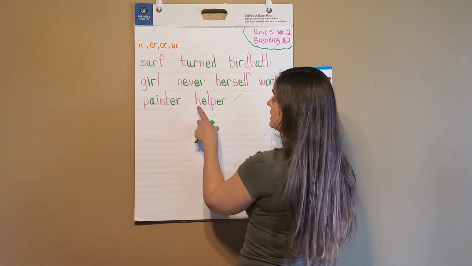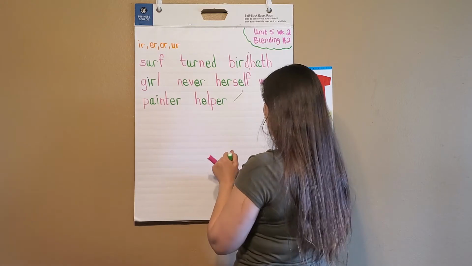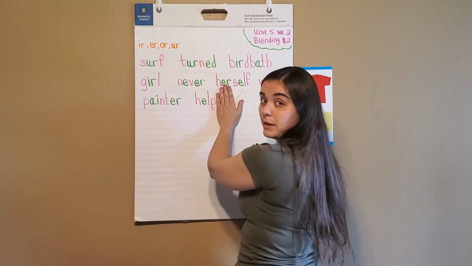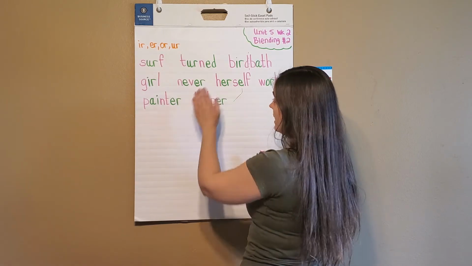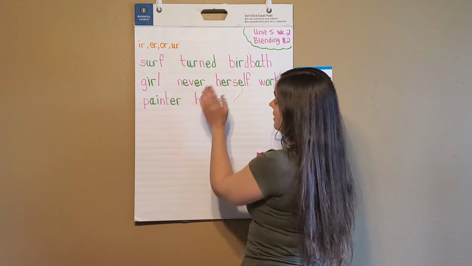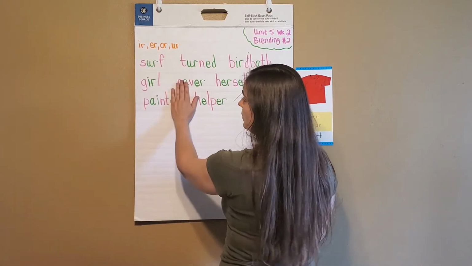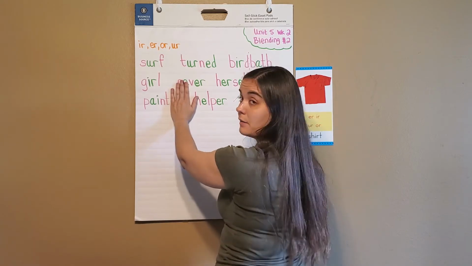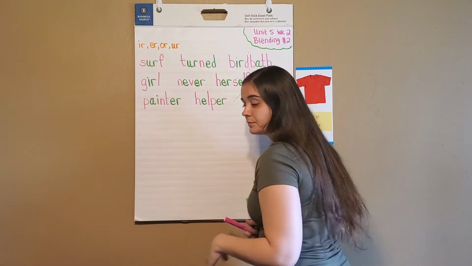Let's go ahead and blend this. Helper, okay? So help can be a verb, and then a person who helps is a helper. So help will be a verb, and then you add ER to it, and it turns it into a noun. Same with paint. Paint can be a verb, and when you add ER, it becomes a noun.